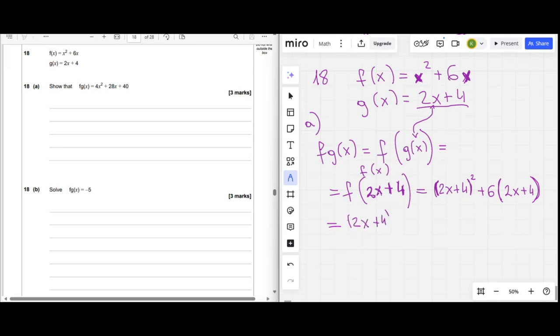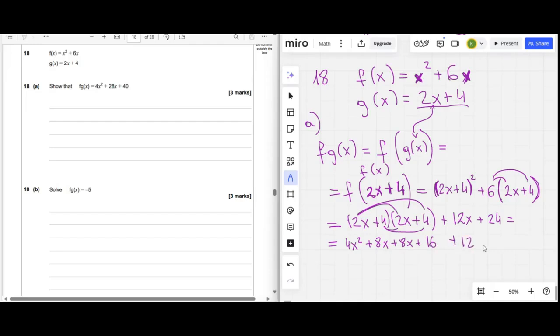2x plus 4 times 2x plus 4, because it means the square, right? Plus 6 times 2x, 12x, plus 6 times 4, 24. Okay. 2x times 2x, 4x squared. 2x times 4 is 8x, plus 8x there, plus 4 times 4, 16.